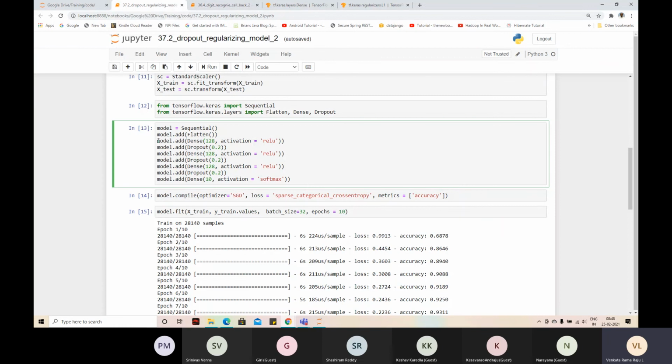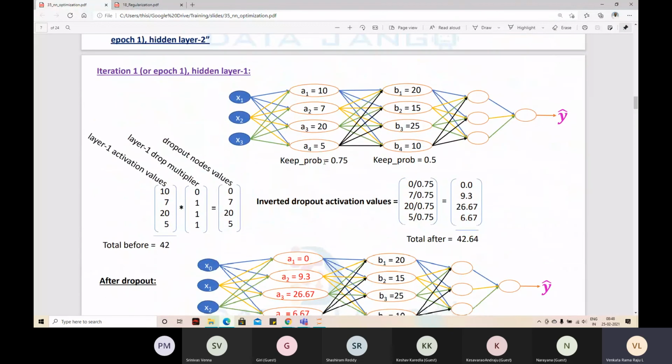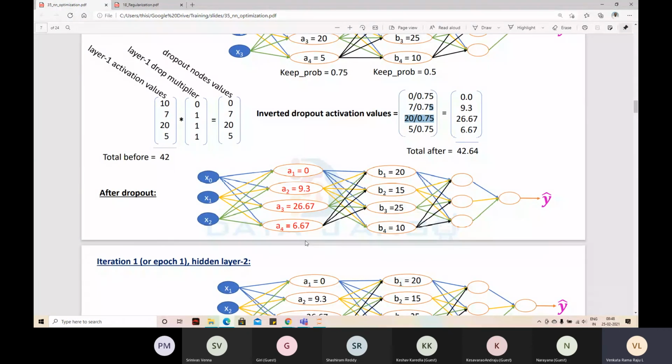What is happening is you do the activation calculations, you pass it to the dropout layer. In the dropout layer, you calculated these activation functions, you passed them into the dropout layer, it is taking the dropout multiplier, multiplying it, calculating the inverted dropout activations, and that is taken as the output.